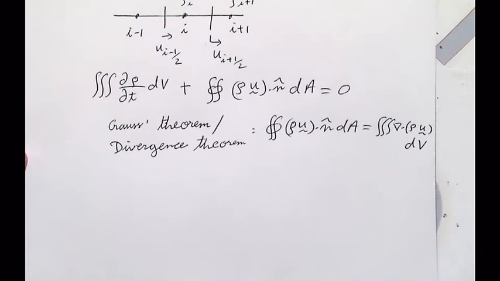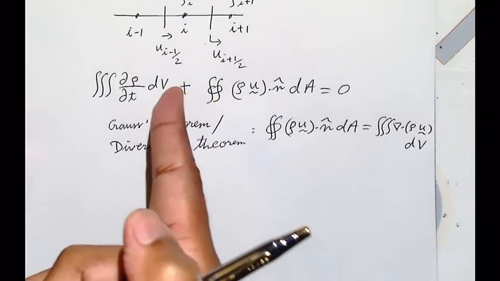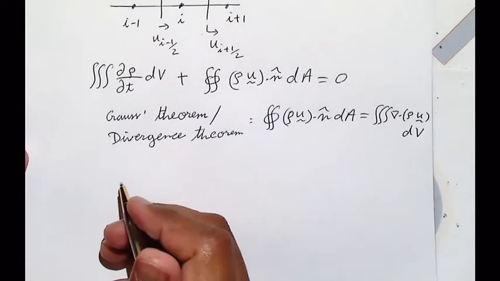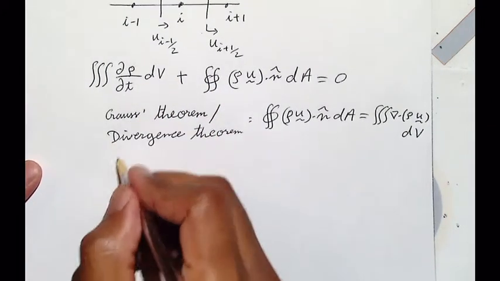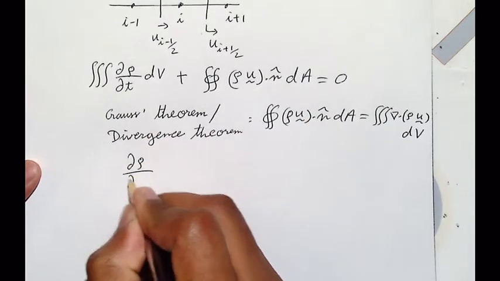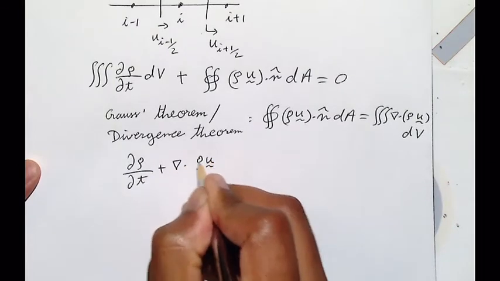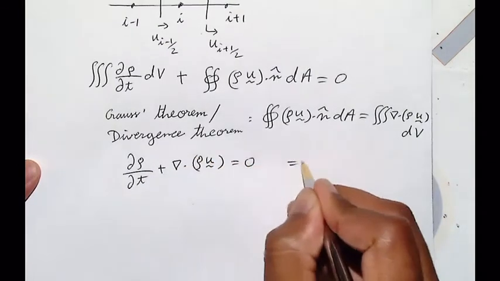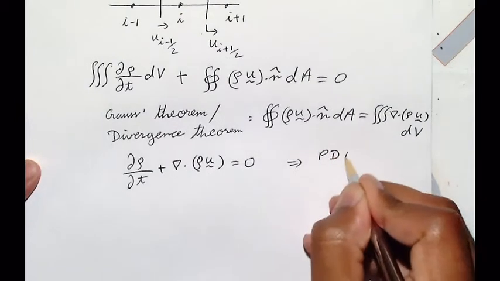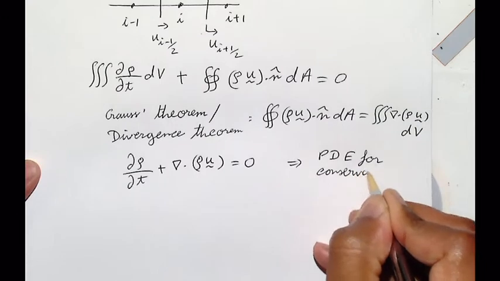Okay. And this is how we go from the integral form to the PDEs that we are so familiar with. So this whole thing becomes del rho by del t plus del dot rho u equals 0. So this is the PDE for conservation of mass.